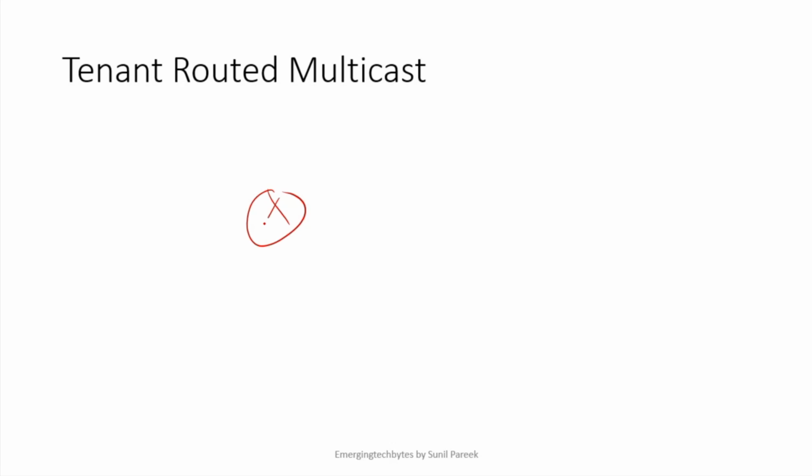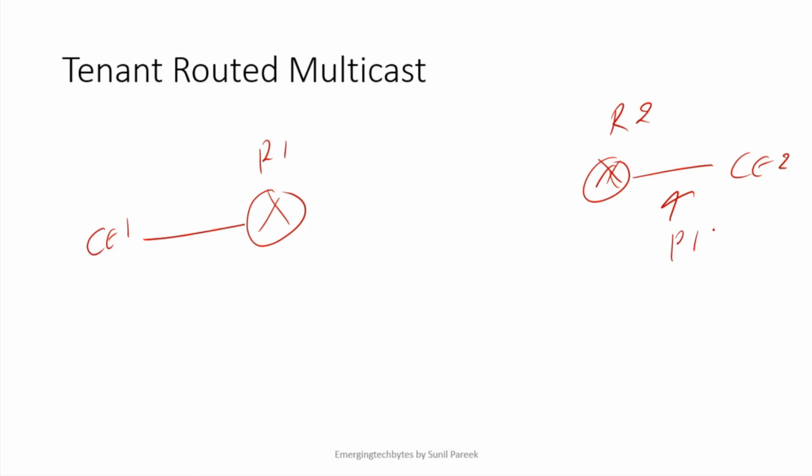Some of you may know this already. Let's say this is R1. This is R2. Here I have, let's say, some CE connected, CE1. Here I have connected CE2. The multicast signaling that you have here is PIM. Here also you have PIM.